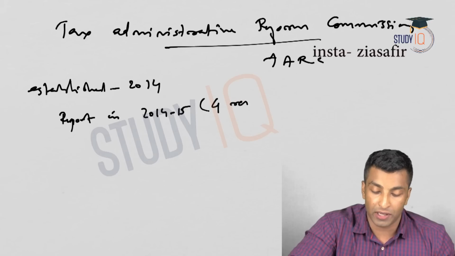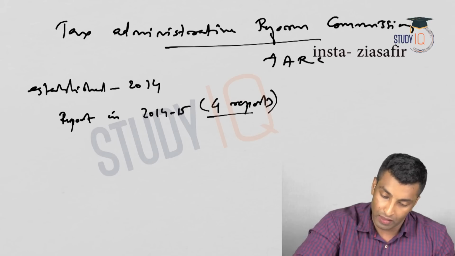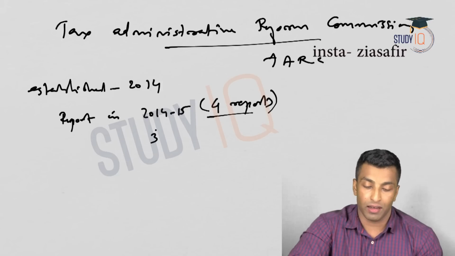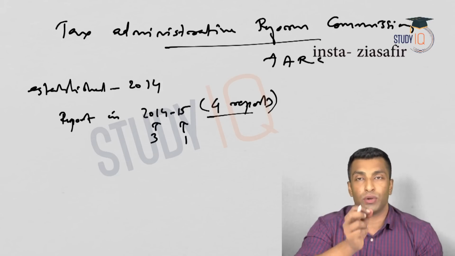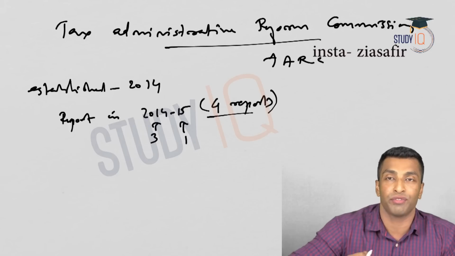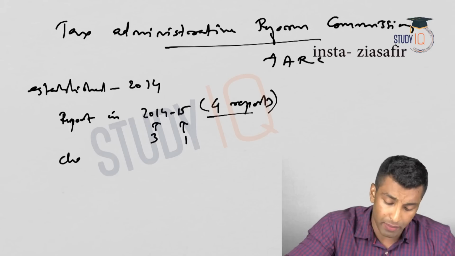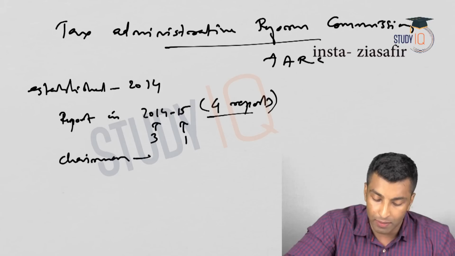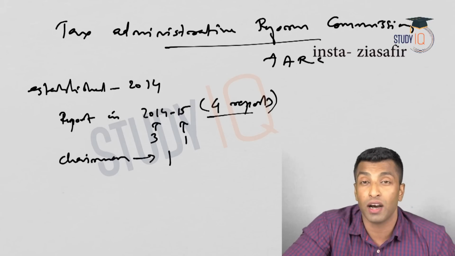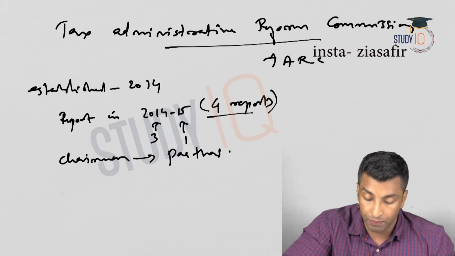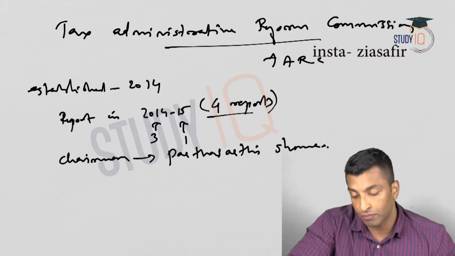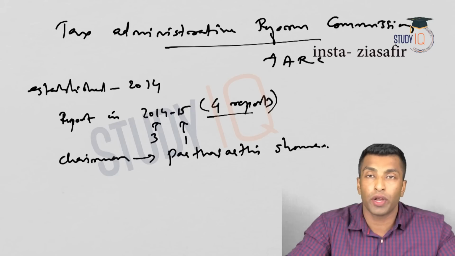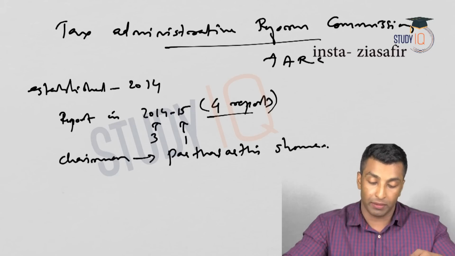Why 2014-15 is because there were 4 reports. Out of those, 3 came in 2014 and 1 came in 2015. That's why I have written 2014-15. Now who was the chairman? We have already discussed this person before when we discussed GAAR, Parthasarathi Shome.